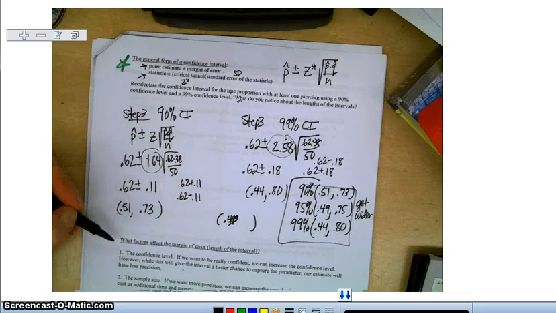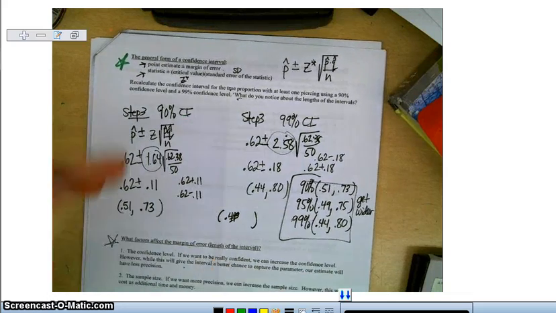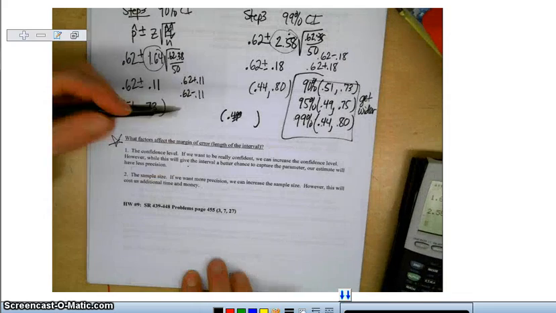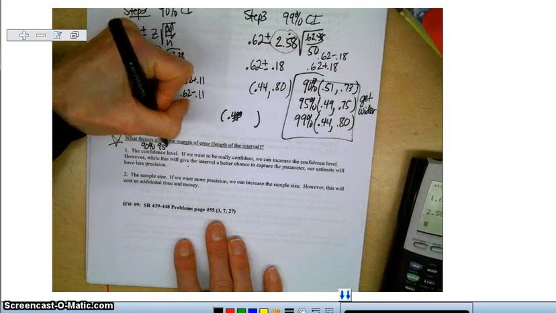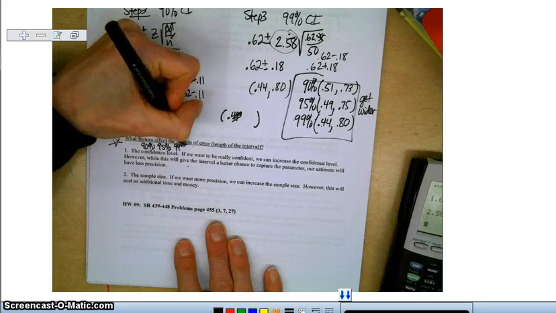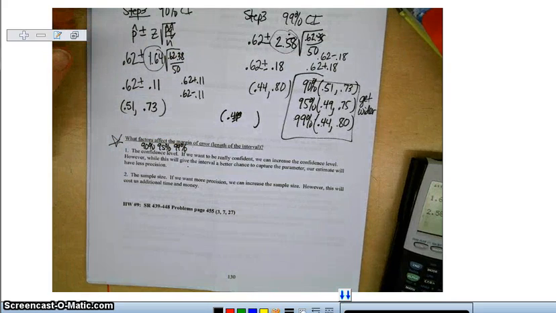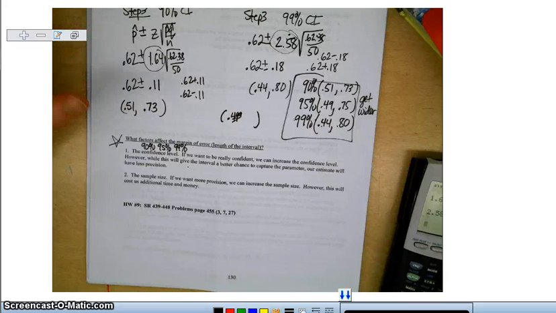So which factors affect the margin of error, the length of the interval? The confidence level, that would be the 90%, the 95%. You need to know that confidence level is referring to your percent. If we want to be really confident, you can increase the confidence level. It gives us a better chance to capture the true value, but it has less precision.